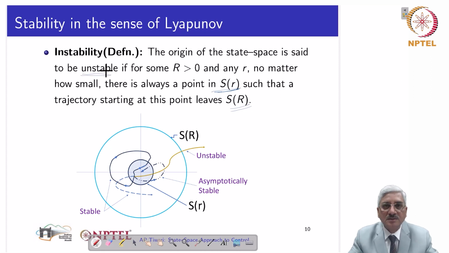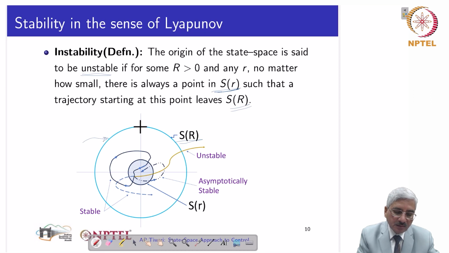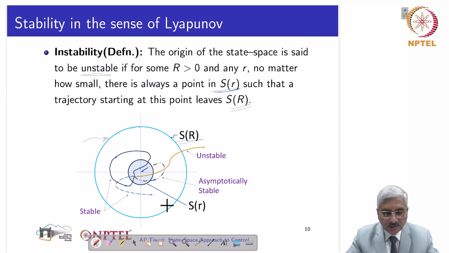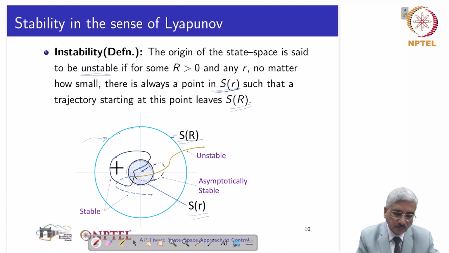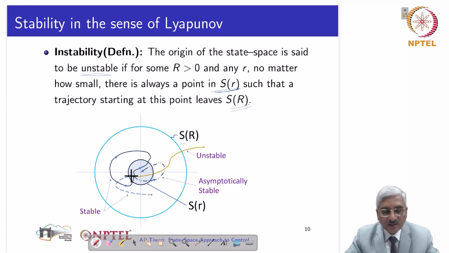All these three definitions are depicted here in this diagram. We have this larger sphere as S(R), and S(r) we have depicted by the smaller sphere, this one. And in that region we are considering a point here, let us say, where the solutions we assume to start.